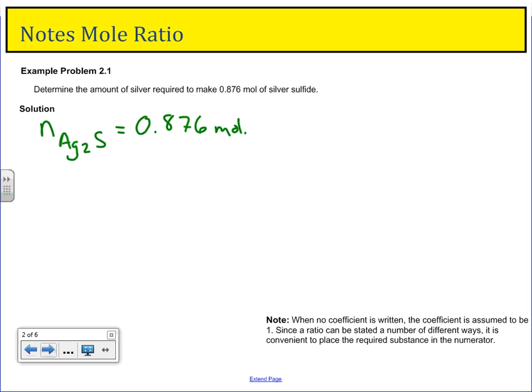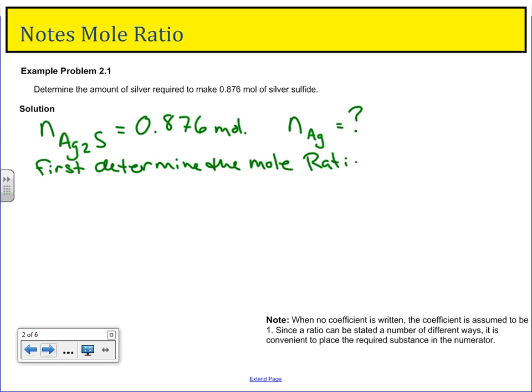That's given in the question, and it is asking you for the number of moles of silver. That's what we're trying to find out. So we need to first determine the mole ratio.